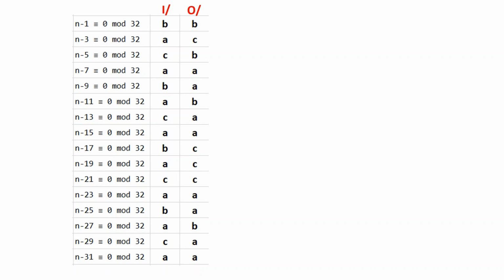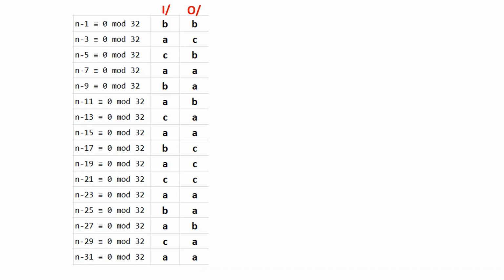You can designate the position of each number using congruence so that n is congruent y mod 32, where y is odd and between 1 and 31. For example, there are 4 operation B inputs, but their outputs are A, B, or C, depending on whether n-1, n-9, n-17, or n-25 is congruent 0 mod 32.